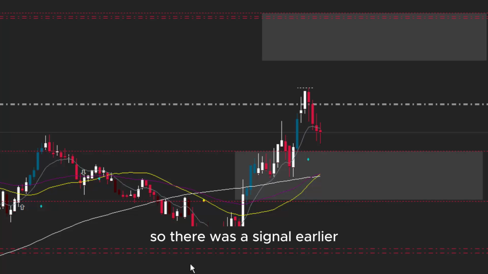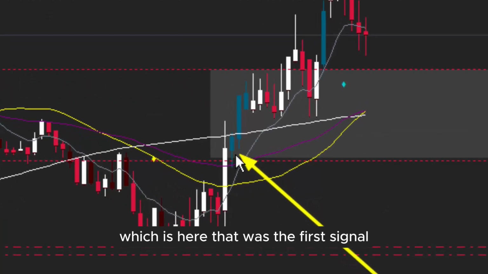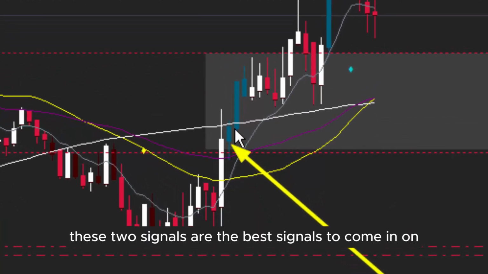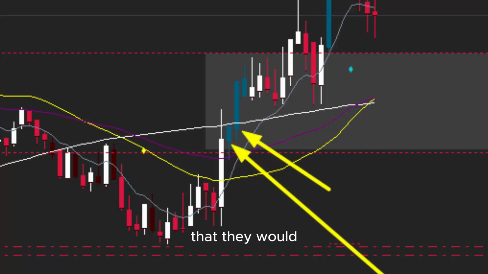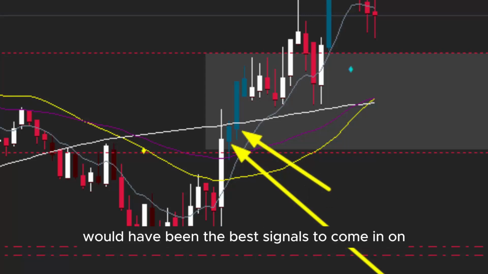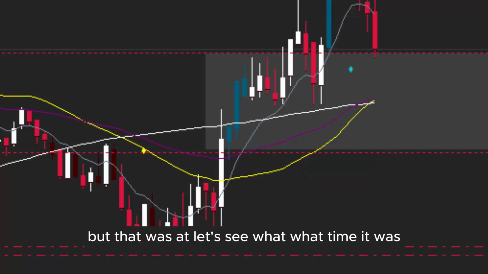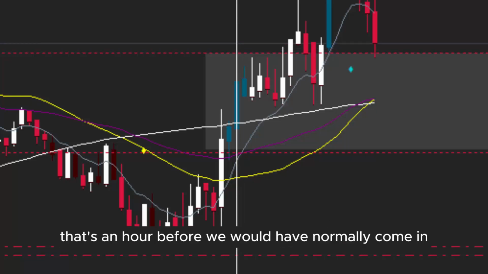So there was a signal earlier, which is here. That was the first signal. These two signals would have been the best signals to come in on. But that was at, let's say what time it was. That's an hour before we would have normally come in.